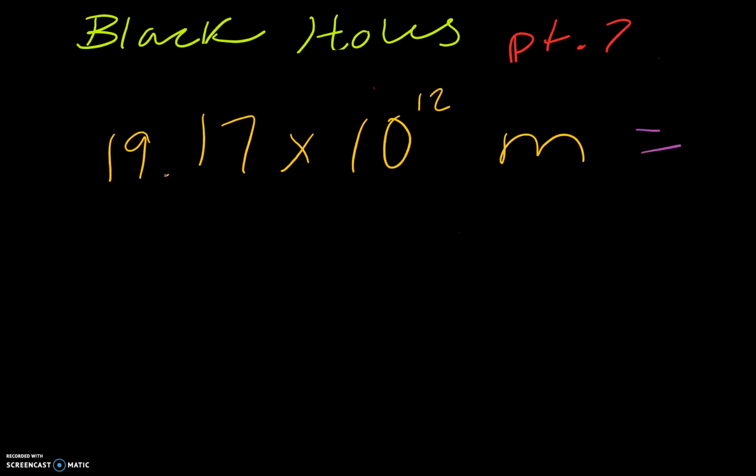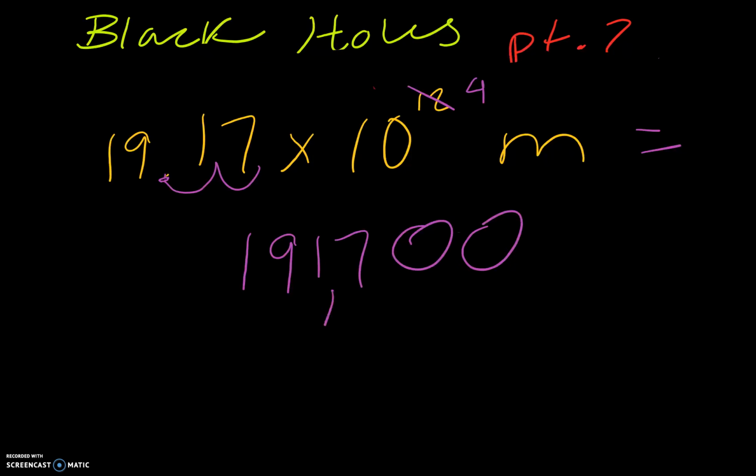We can change our exponent to 10 to the 4th because we're subtracting 1,000. And then if we wanted to expand this, we can move our decimal 4 places to the right. So we can do 2 here, and then add 2 more zeros at the end. So our final answer is 191,700 kilometers. And this is the Schwarzschild radius of the black hole at the center of Messier 87.